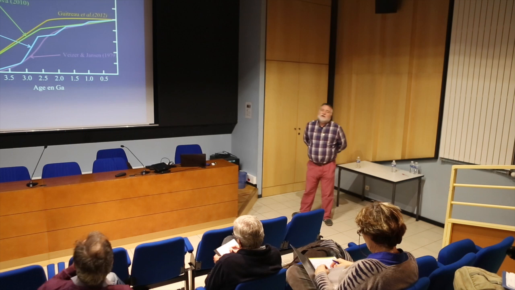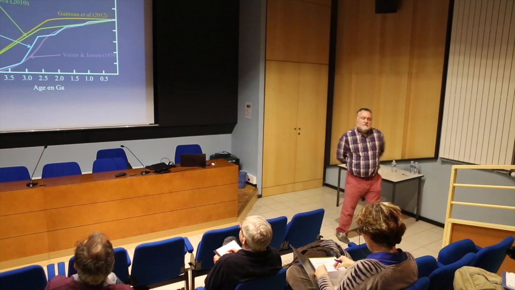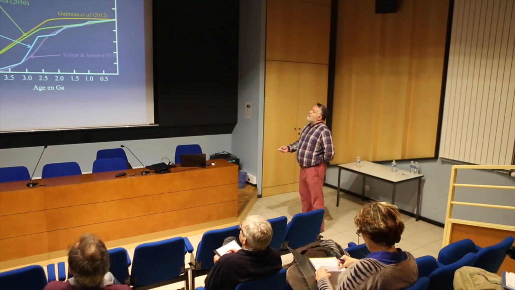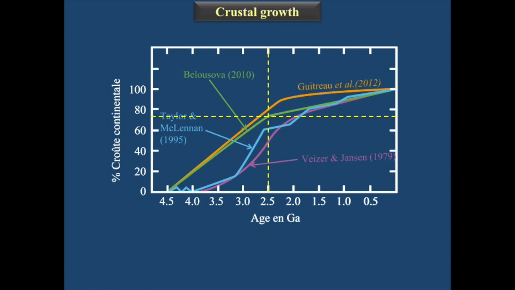So what is interesting in studying the Archean crust? Here are different, quite recent, propositions about the amount of crust generated over time from the Hadean to the present day. These models are not exactly the same; there are differences.